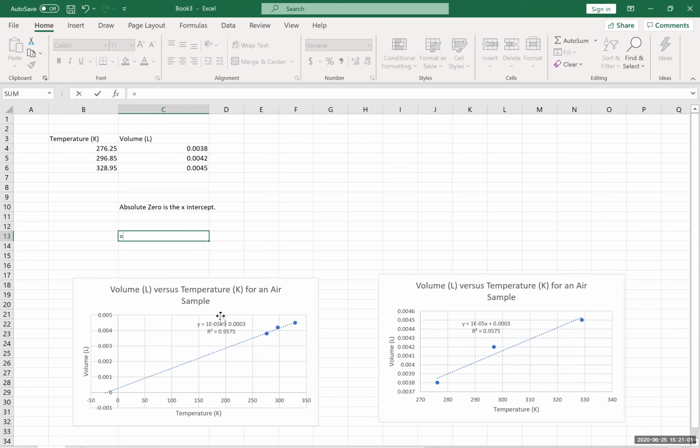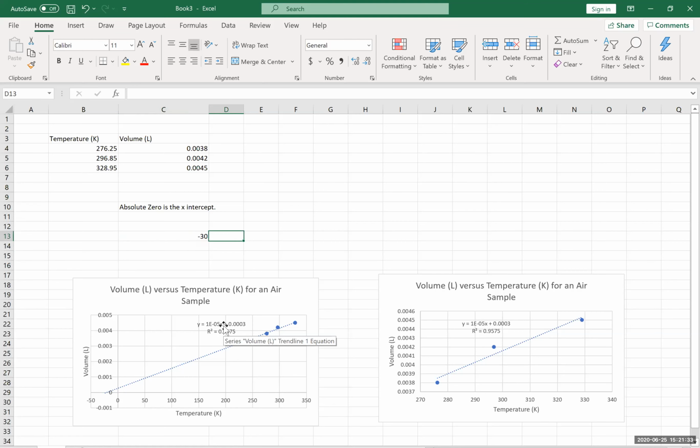To do that, we're going to take our value b, which is our y-intercept, 0.0003, multiply it by -1, and divide by 1 times 10 to the -5th, which is our slope.